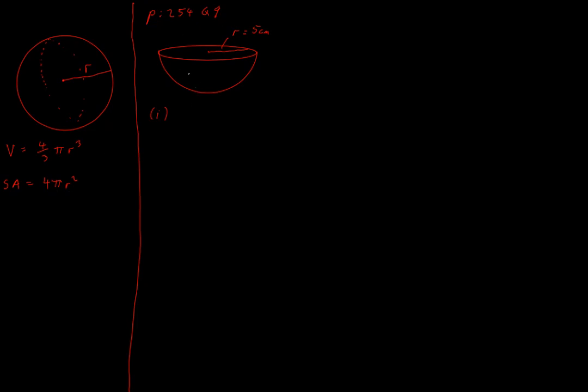Now, I've chosen to do question 9 on page 254 to give you an example of this. This has half a sphere, so we've chopped a sphere in half. So chopped a marble in half or something like that. So we have half of a sphere here.